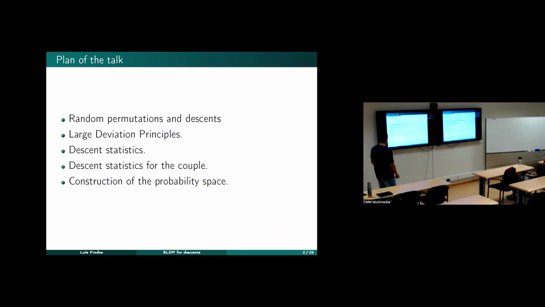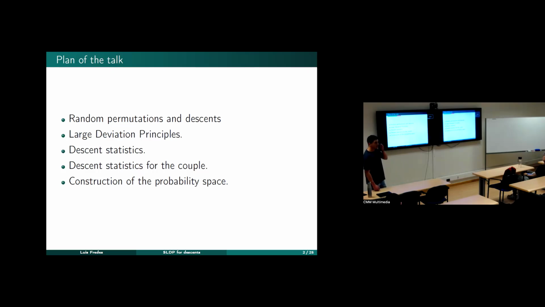To give you a plan, I will try to be as pedagogic as possible. I will start with the construction of random permutations. After that, I will talk about some observables, namely descents of random permutations. Then, to give you a context and to see how our results fit in the large deviation literature, I will give a heuristic introduction to large deviation principles.